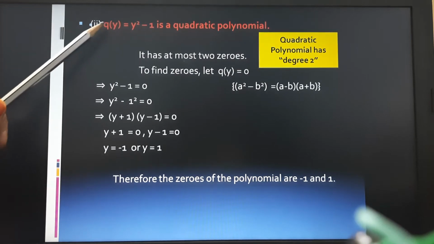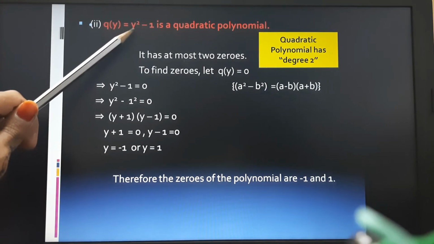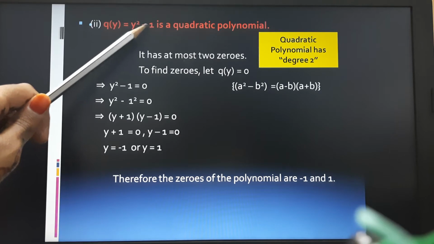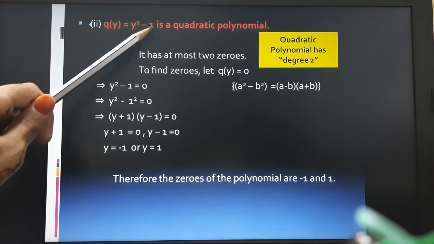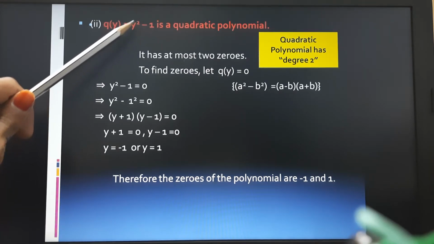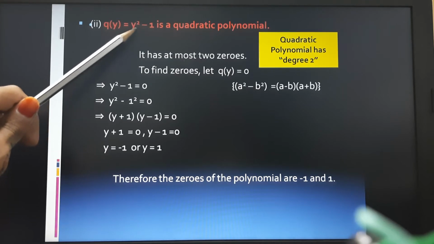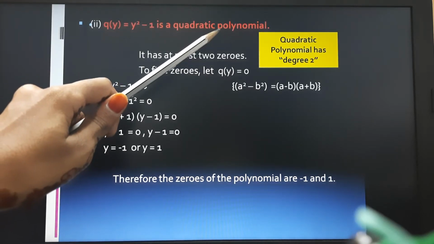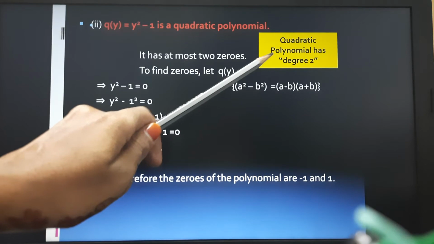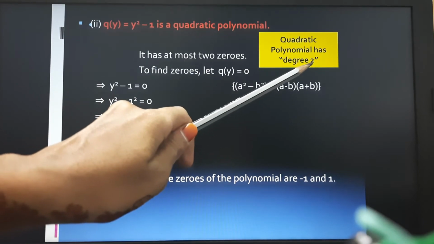The second one, q of y is equals to y square minus 1. Did you observe y square minus 1? The degree is what here? 2, right? It is a quadratic polynomial. As you know, a quadratic polynomial has degree 2.